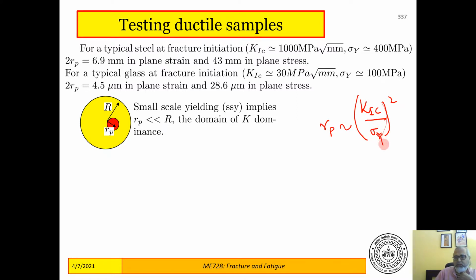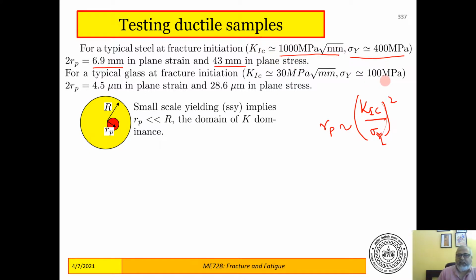So if you know the K1C and sigma y, let's say for steel K1C is 1000 MPa root millimeter and sigma y is 400 MPa, then you easily find, using the plane stress and plane strain formulas that we have derived for, let's say, the von Mises case, that the plastic zone size is 6.9 millimeters in plane strain and 43 millimeters in plane stress. Remember, plane stress plastic zone sizes are much larger than plane strain plastic zone sizes.